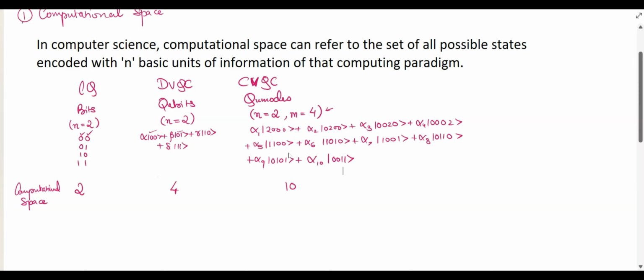So these are all the possible states with two photons and four modes available to me in the continuous variable scenario.